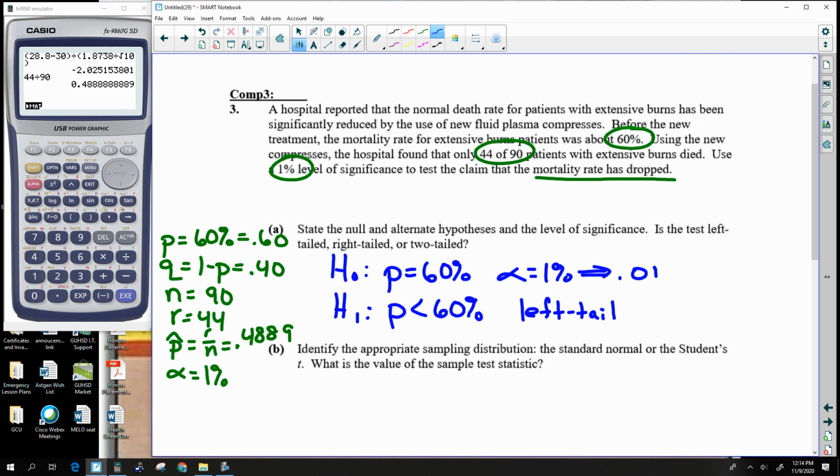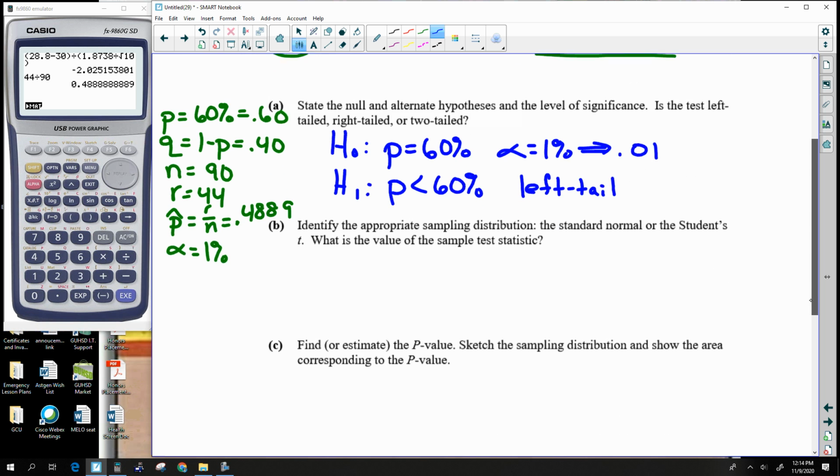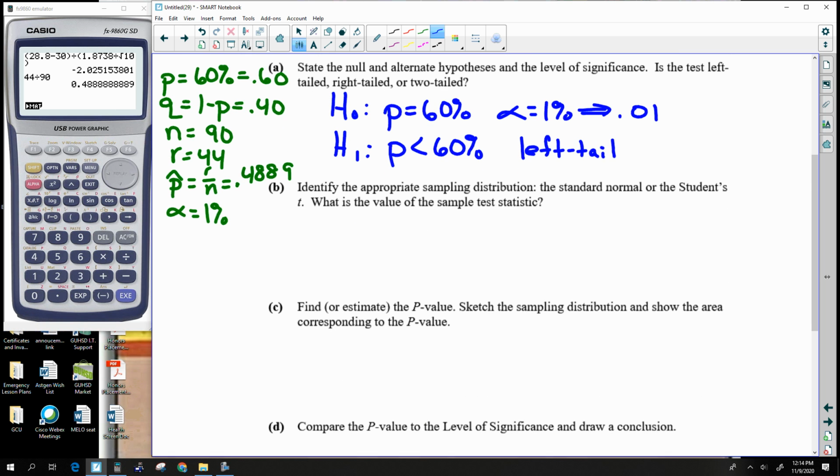Okay, again, because this is a probability, this is a standard normal, and we're going to get a z out of this. Let's try that all over again. Handwriting is getting a little sloppy, sorry.